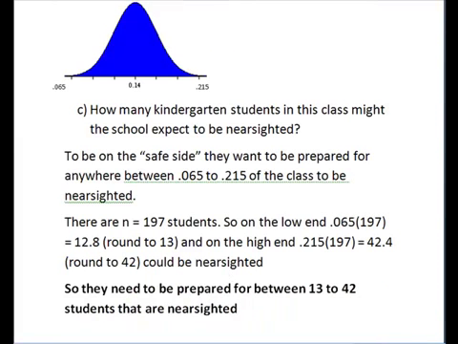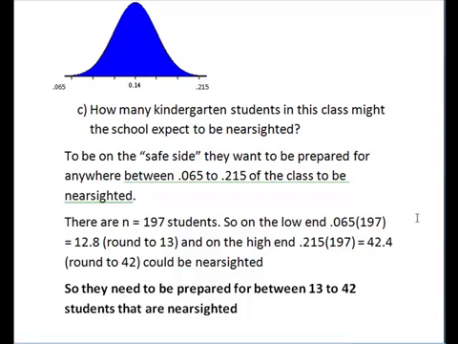Next question, how many kindergarten students in this class might a school expect to be nearsighted? Well, to be on the safe side, they can expect anywhere from 6.5% to 21.5% of the children to be nearsighted. The sample size is 197.